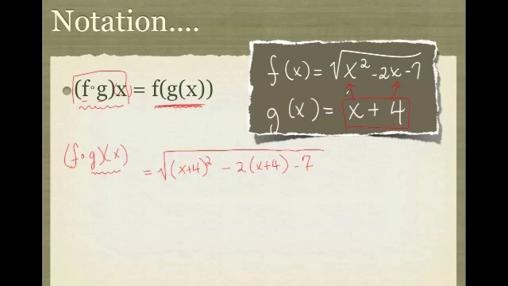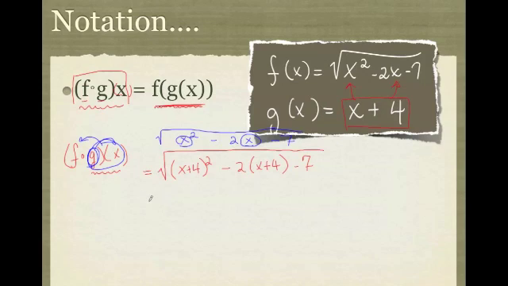Notice that in my original function it was x squared minus 2x minus 7. And so now I have just rewritten each one of these x's with my g of x, because my directions are to take the g of x and this whole function and put it into my f.